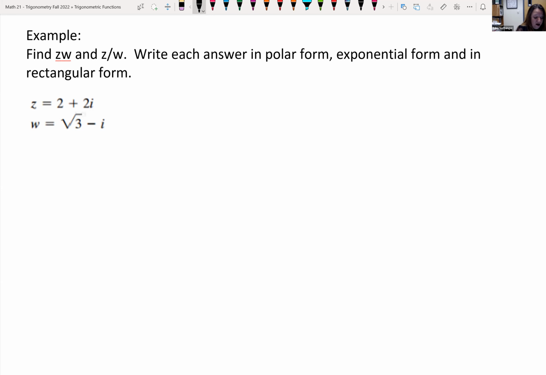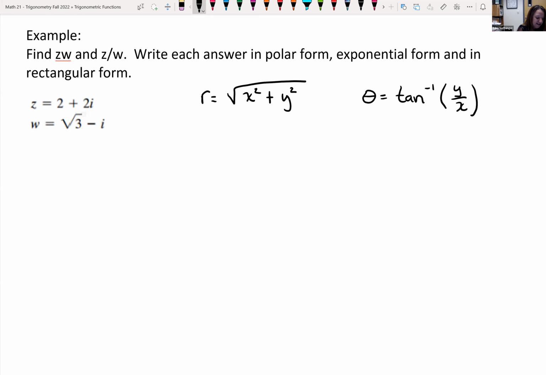Recall, r is equal to the square root of my real part x quantity squared plus my imaginary part y quantity squared. And we can find theta by looking at the tangent inverse of my imaginary part all over my real part.